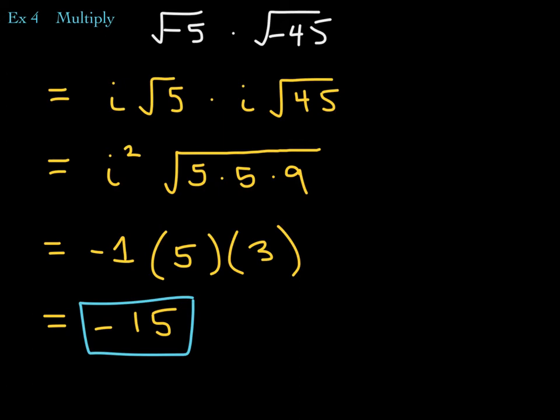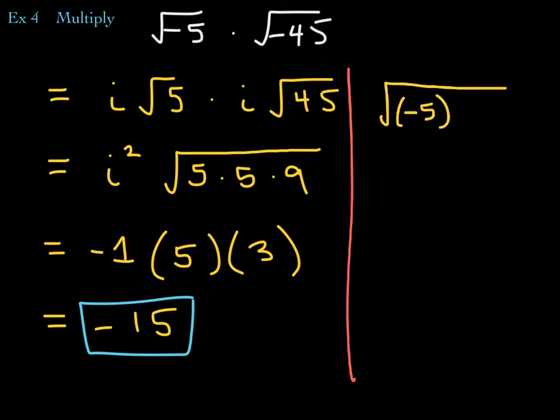All right. Now, I want to show you something, everybody. If you would have done this problem differently, if you would have used the product rule in the very beginning, notice how you get the wrong answer. Watch this. If you say the product rule says that the product of these square roots is equivalent to the square root of their product, then a negative times a negative is a positive.